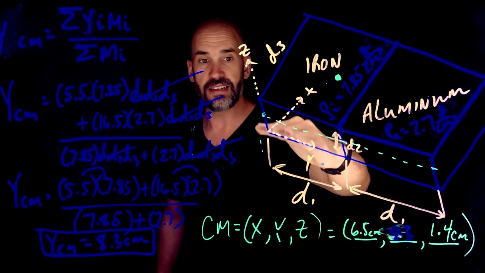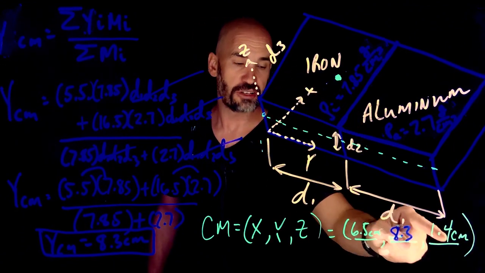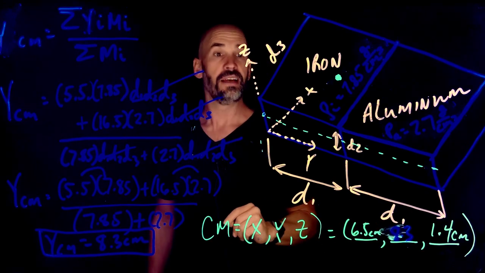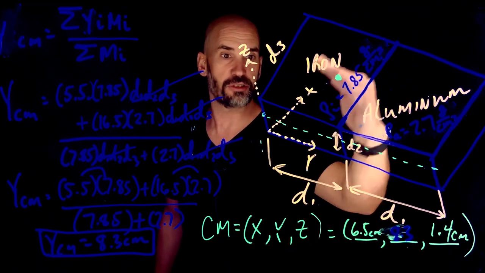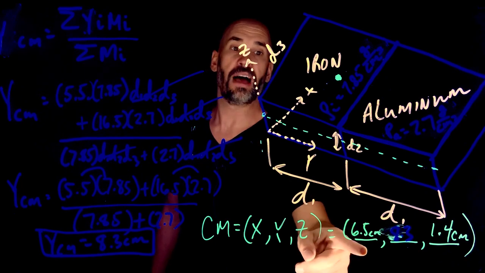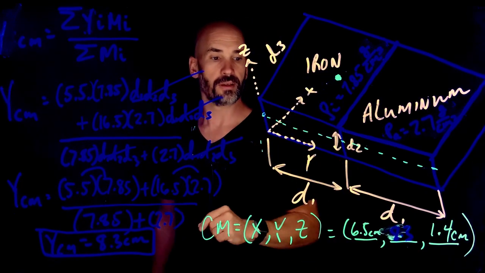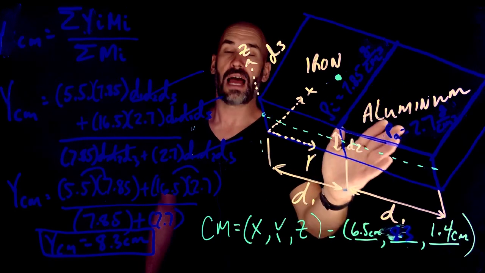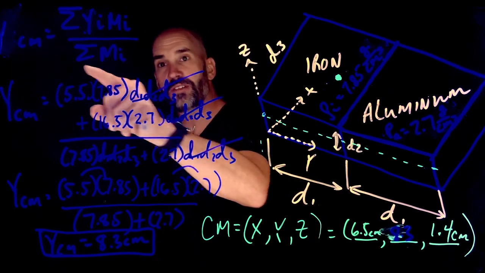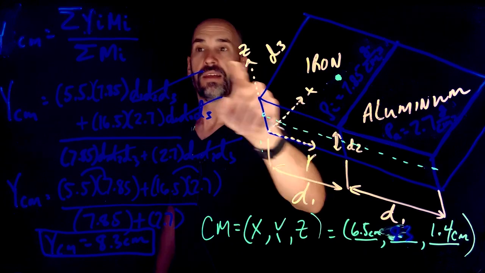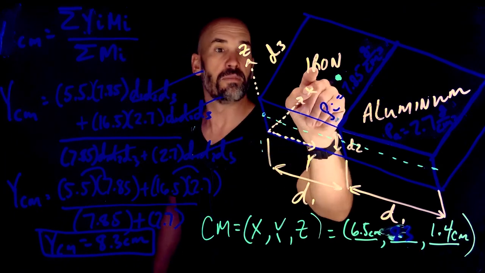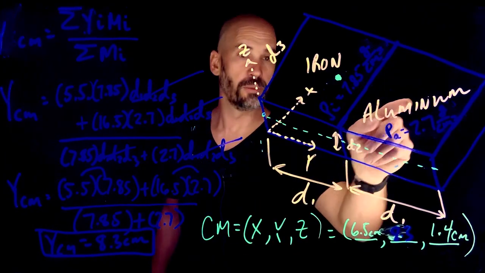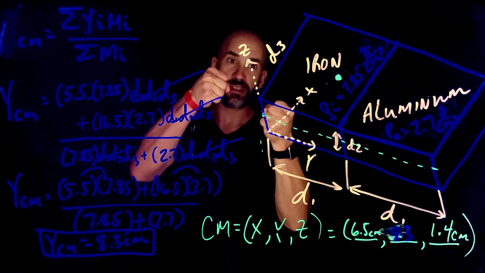The density doesn't change in the z direction, so that should just be 1.4. The density doesn't change in the x direction, so that should be 6.5, or half of d3. But the density does change along y, and that makes things more complicated, but we can still use this formula if we consider each of these points to be the middle of the iron and the middle of aluminum, and find the center of mass between those two things.